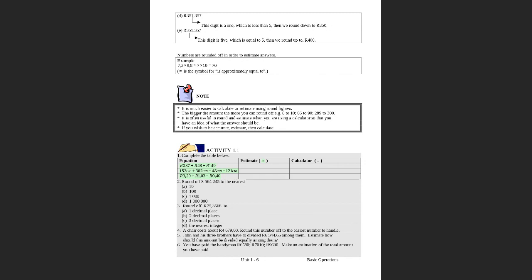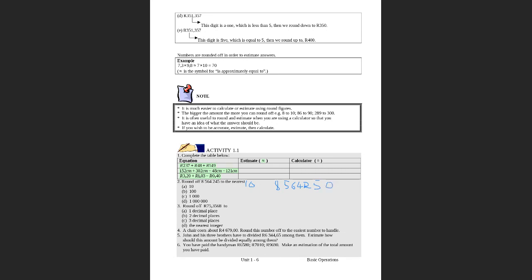You are going to write 8, 6, 4, 2, and because the number in front of the nearest 10 is 5 or more, it's going to be 30.